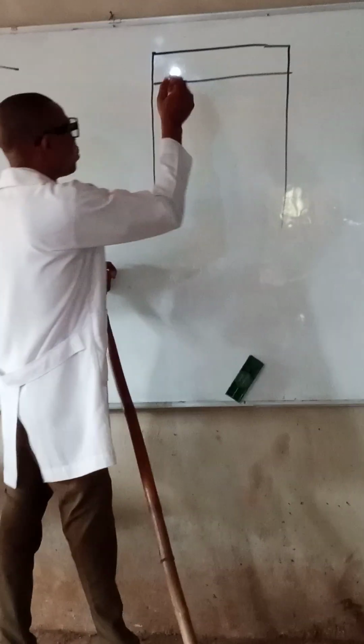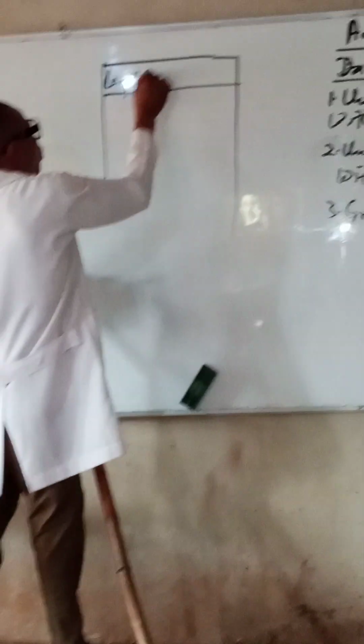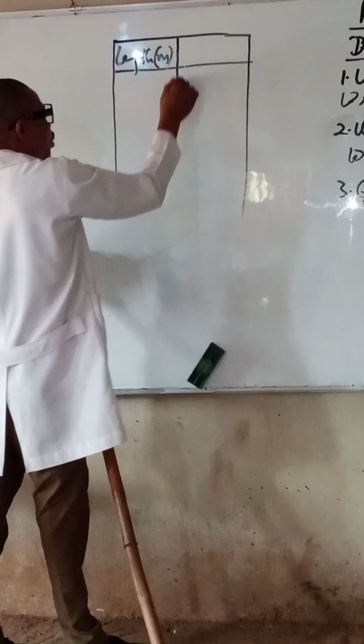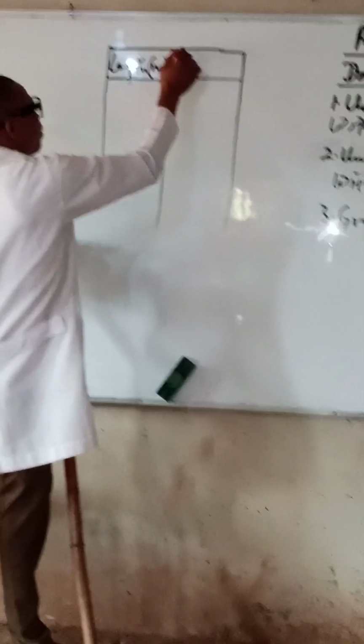But for this one now, let's assume we have the lengths of wood in a shop. Let's assume that we have different lengths of wood in a particular shop that appear many different times.